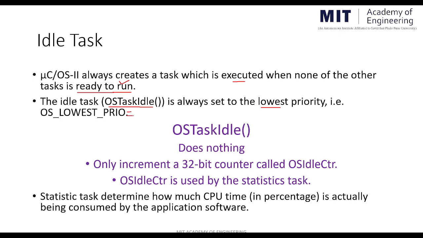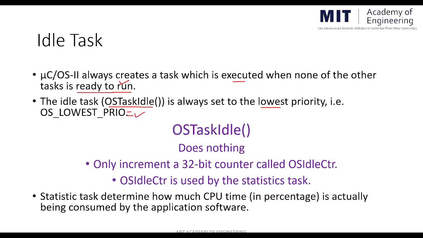This variable in the osconfig.h file plays a very important role in understanding MuCOS2, how many OS TCBs are to be created and what should be the priority of the idle task. And this also proves that MuCOS2 is scalable and configurable. So it is not necessary that the application will always use all 64 tasks.